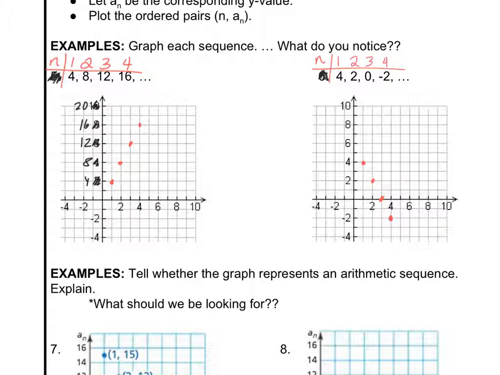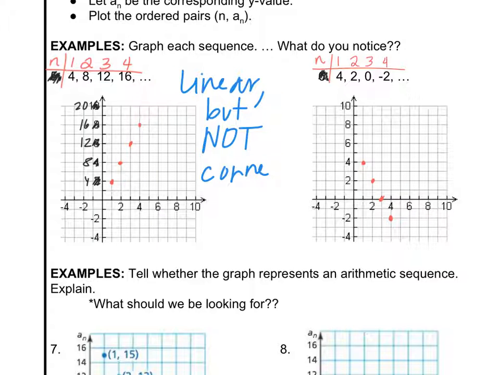What shape are those dots making? A line. So these are kind of like linear, but not connected. Because that's all an arithmetic sequence really is, just a linear function without the numbers in between. Do not connect the dots then.